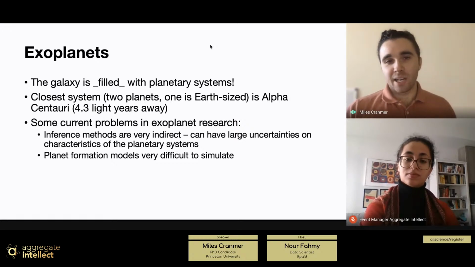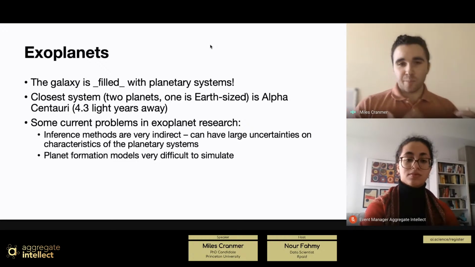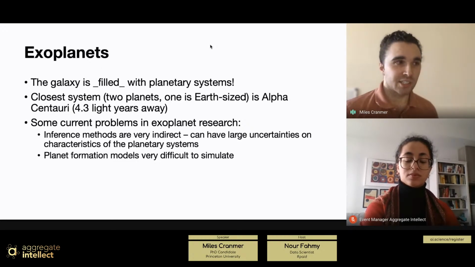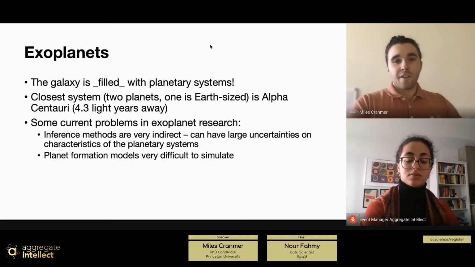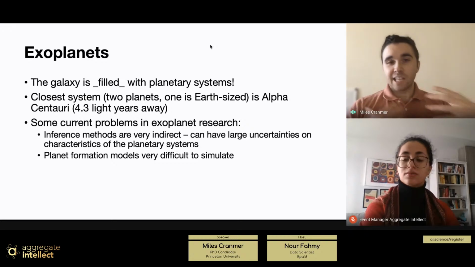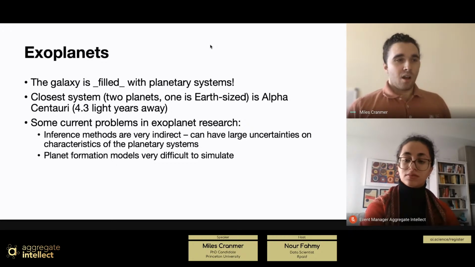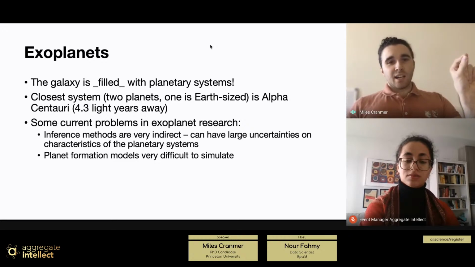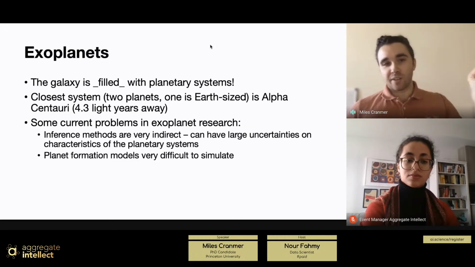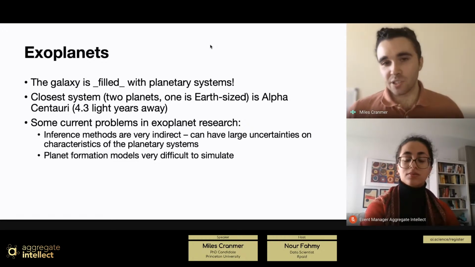There are so many new planets being discovered, and one of the current problems in exoplanet research is the inference methods that you use to figure out what planets are in a system. It's very indirect. The 2 most common methods: you see a dark spot pass in front of a star, and that tells you there's a planet there.